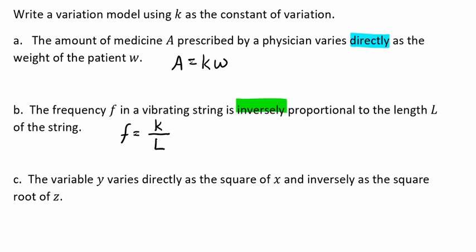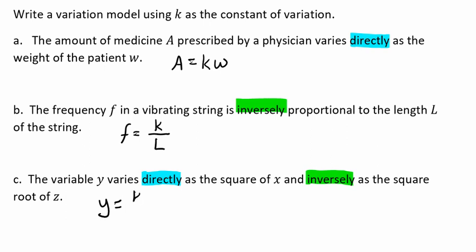And then one last example: the variable y varies directly as the square of x and inversely as the square root of z. So here we're doing two things. We know that we're going to have a y, and our k value varies directly with the square of x.